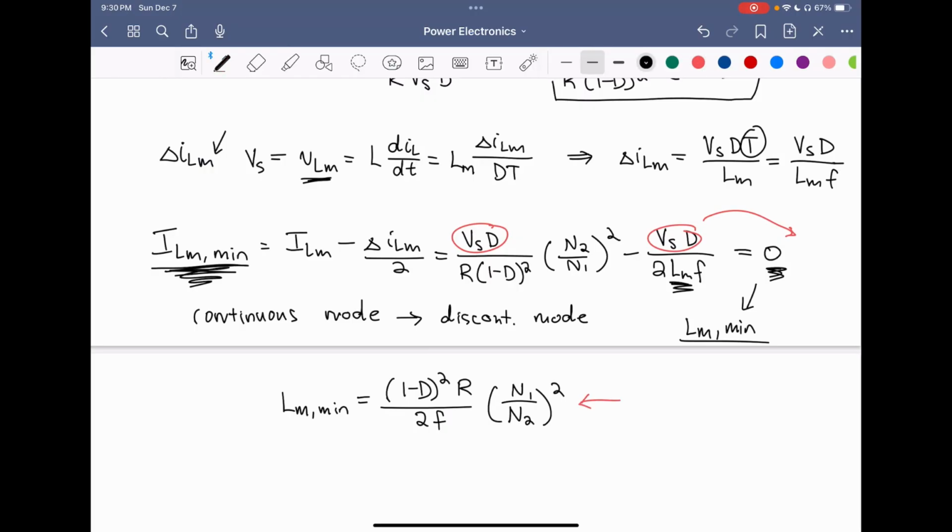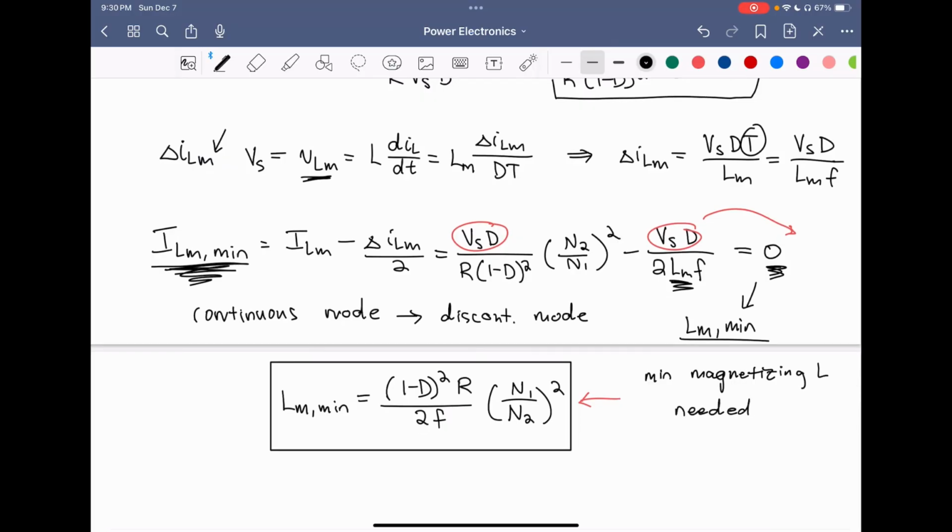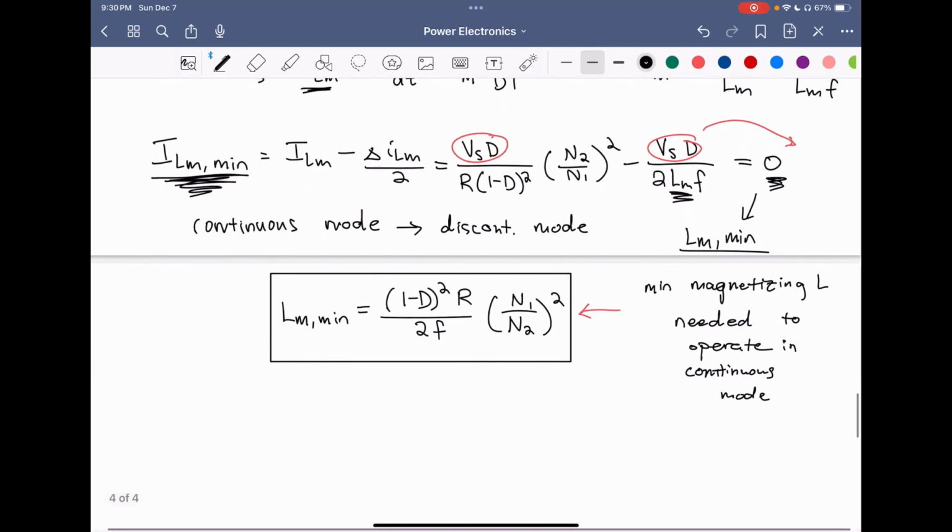So this tells us the minimum magnetizing inductance needed to operate in continuous mode. If we choose a magnetizing inductance that's smaller than this value, we'll begin to see discontinuous operation.